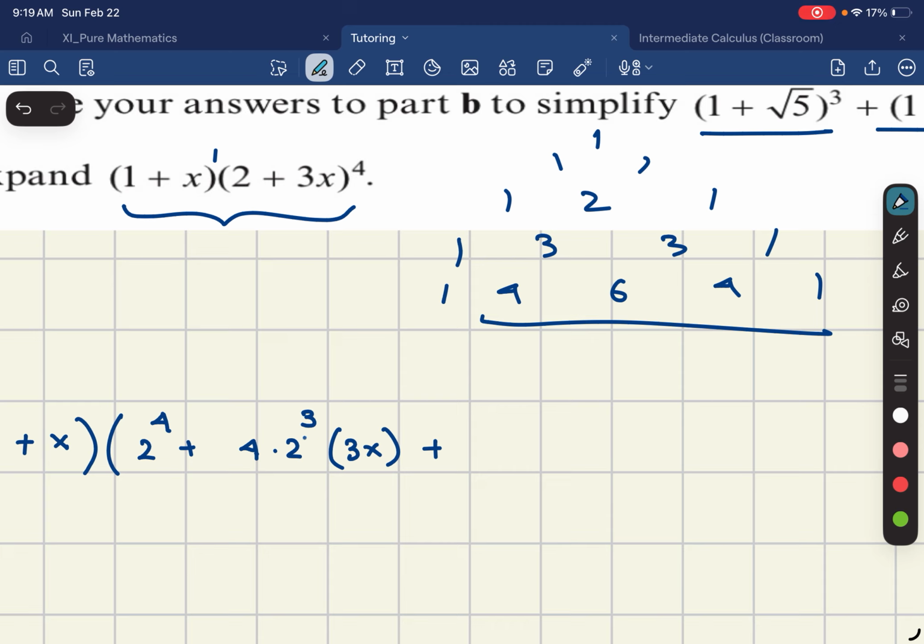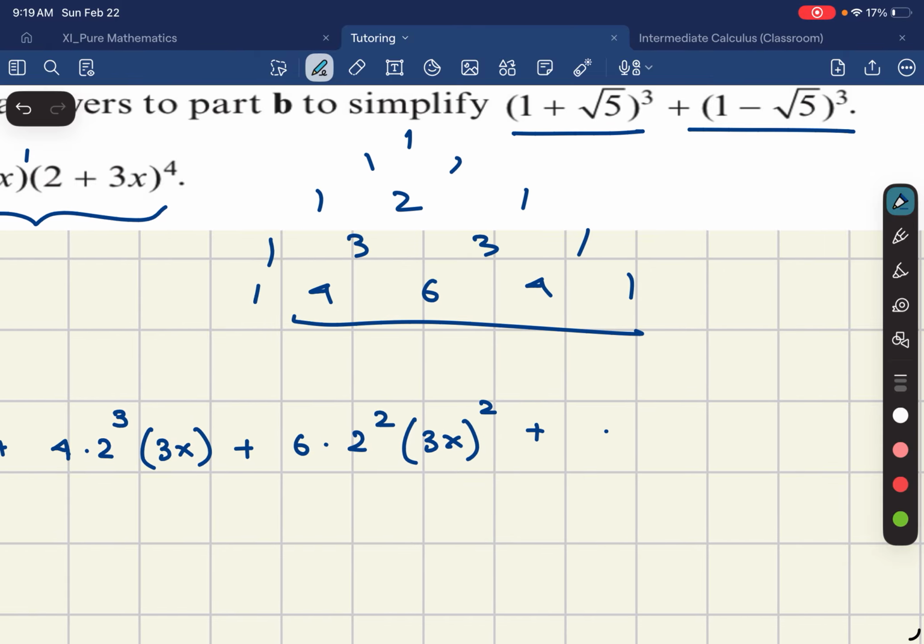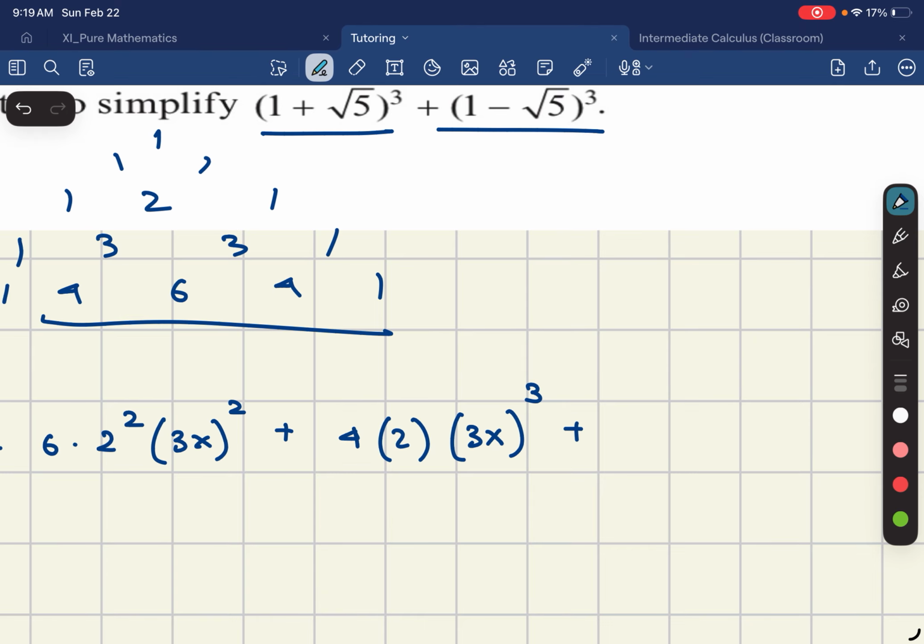So 4 goes to 3, and then I increase my second term's power by 1. The second term had 0 here, so now it's 1, and now it goes to 6, 2 squared, 3x to the power 2, plus 4, and then 2 to the power 1, 3x to the power 3, and finally you have 3x to the power 4.